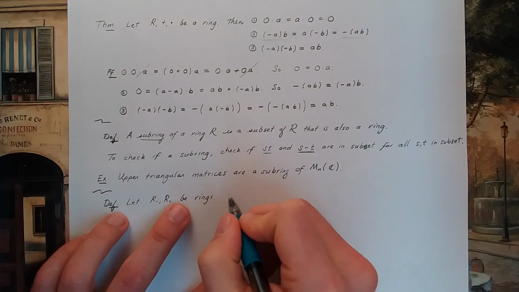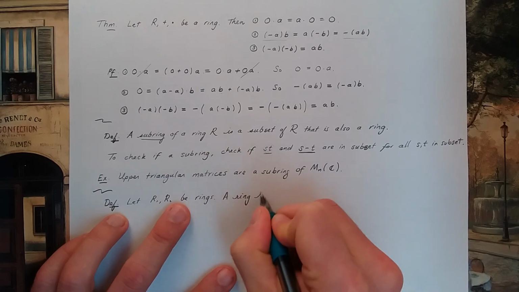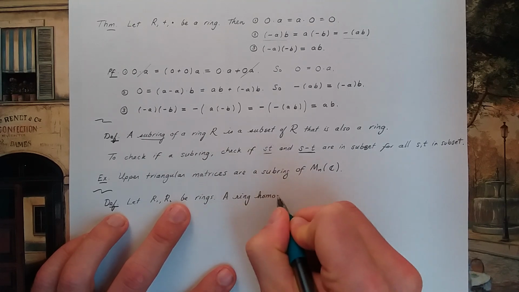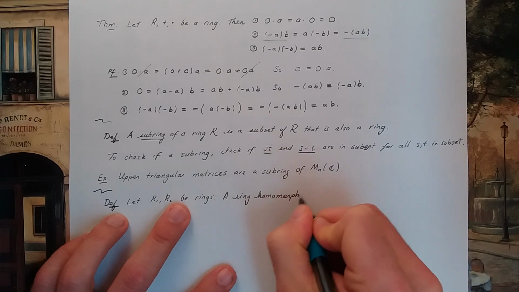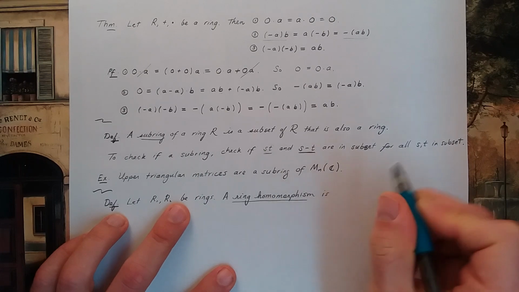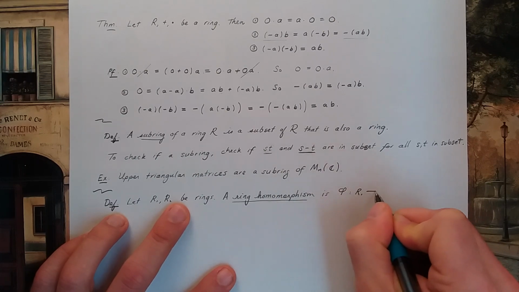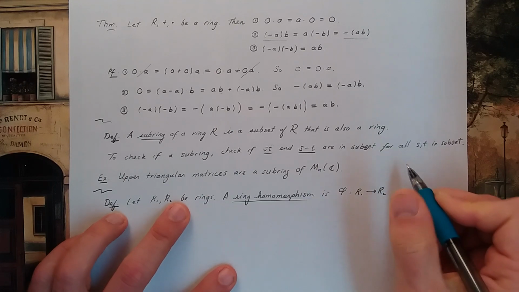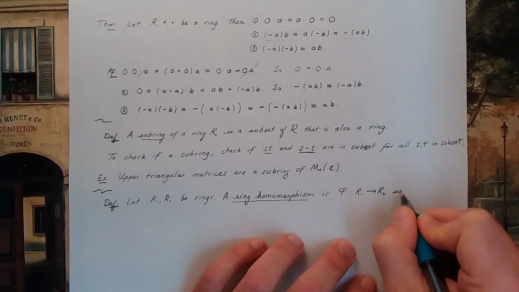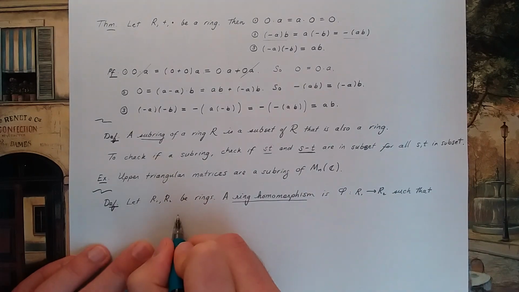So a ring homomorphism, that's what I'm defining, is a function phi that goes from R1 to R2 such that two things hold.